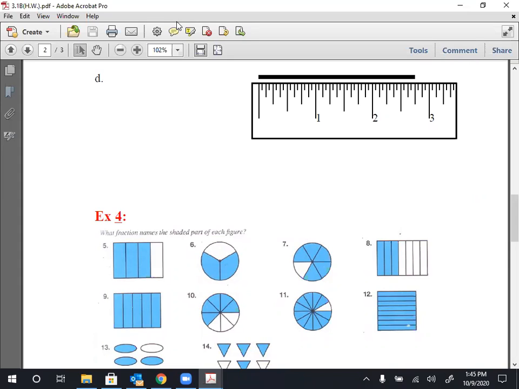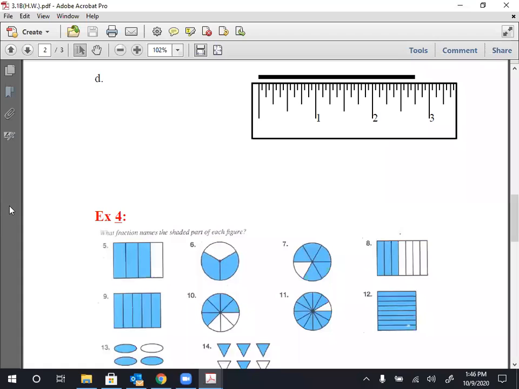So for number 5, that would be 3 out of 4. For number 6 on the worksheet, we would have 2 shaded over 3 total, which would be 2/3. Okay?